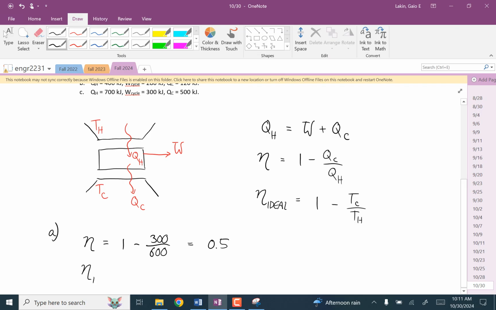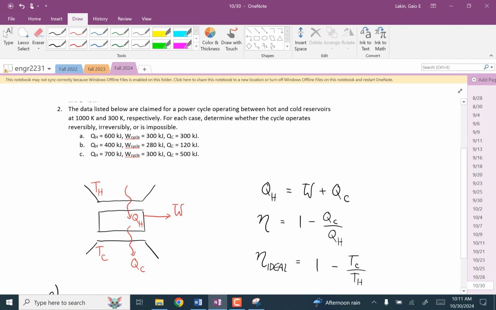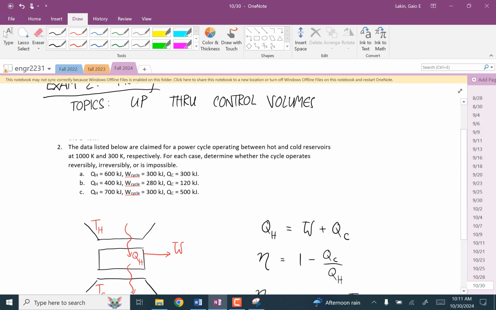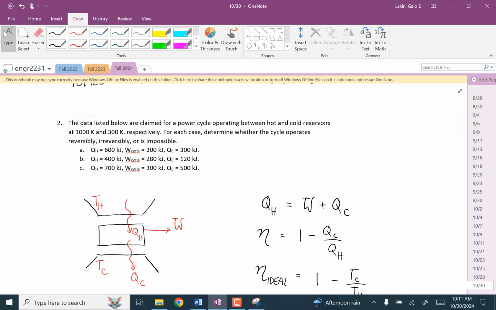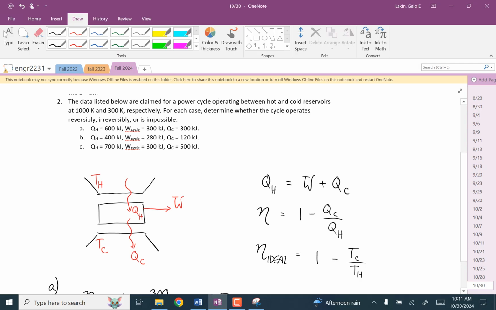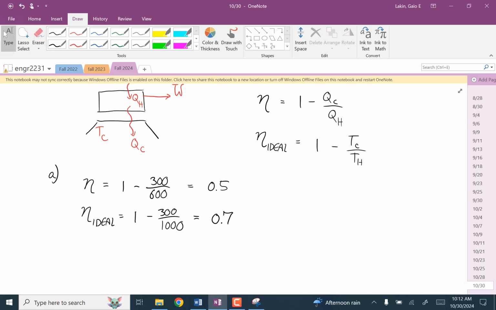The ideal efficiency, given these temperatures, is 1 minus 300 over 1,000, which is 0.7. Since the efficiency is less than the ideal efficiency, this is irreversible.